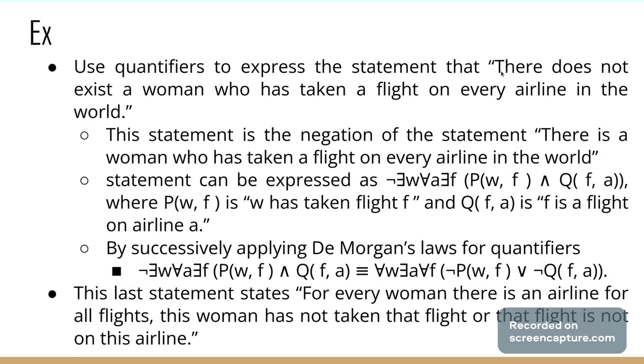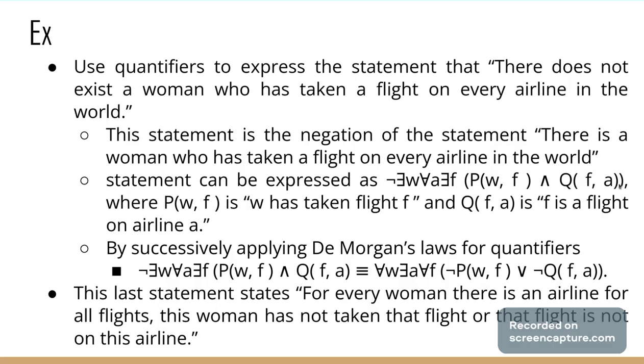Similarly, they are giving an English statement: there does not exist a woman who has taken a flight on every airline in the world. It is the negation of the earlier statement, where we said that there exists a woman who has taken a flight on every airline in the world. So the statement that we had was there exists W for all A there exists F, P(W, F) and Q(F, A).